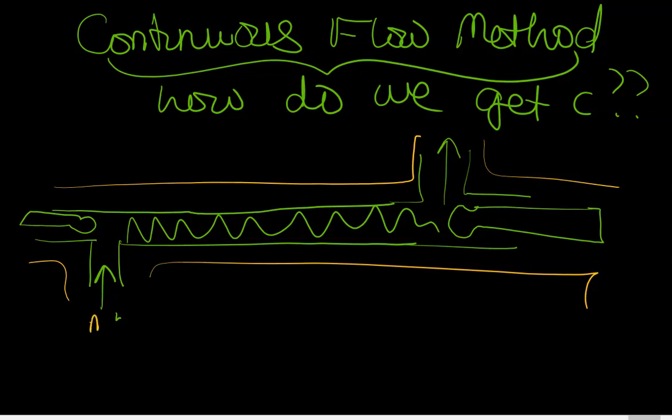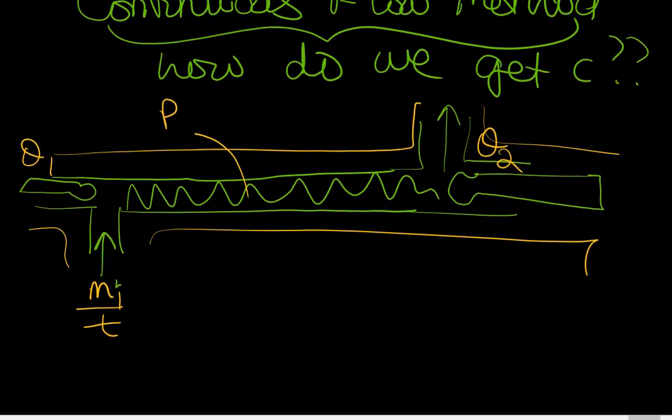Okay, so you have an initial mass of water, M1, right? And that mass of water is flowing through the heater of power P in some time, and you have a certain temperature of the water entering and the water exiting. So in a certain time T, you're going to have the water flowing over your heating element, and it's going to increase in temperature, right? So steady state is basically where you are maintaining a constant temperature difference across the ends of your apparatus, right? So we're using the formula power is energy over time, right?